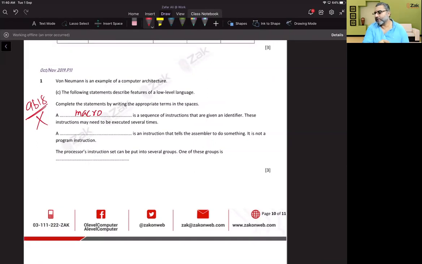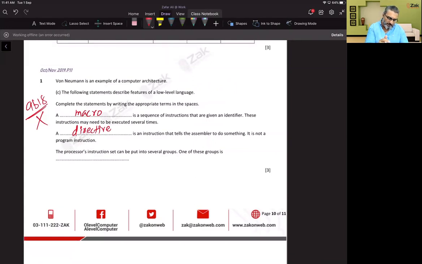A dash is an instruction that tells the assembler to do something. So this is a directive. Again, this is not part of 9618, but it is part of 9608. So new students, do not worry.